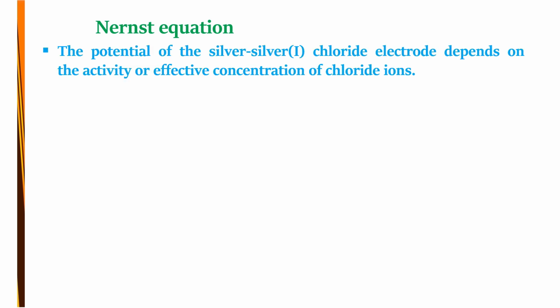Nernst equation. The Nernst equation is used to determine the electrode potential of a cell. The potential of a silver chloride electrode depends on the activity or effective concentration of chloride ions. The Nernst equation is given as follows.